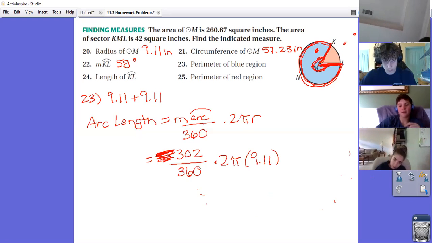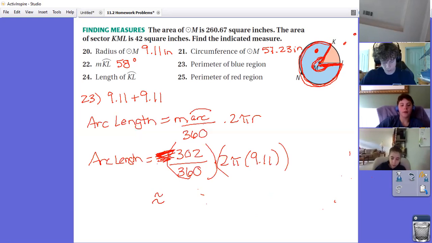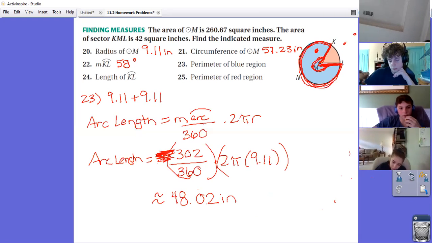So in your calculator, you would just put all that in, parentheses, parentheses, and you get approximately, for arc length for 23, 48.02 inches. So now that I have the big piece of the Pac-Man, I can add it to the 2 radii to get my total perimeter of 66.